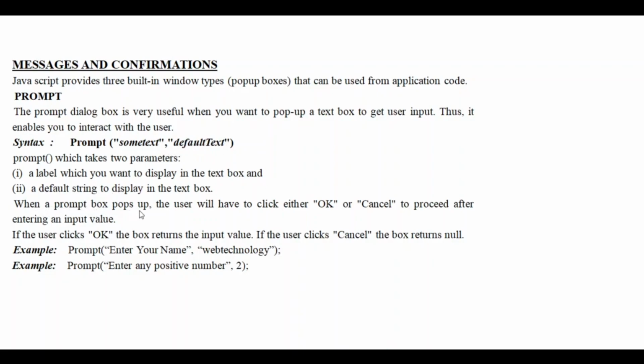When a prompt box pops up, the user will have to click either OK or Cancel to proceed after entering an input value. So in this prompt we have OK and Cancel buttons. If the user clicks OK, the box returns the input value.